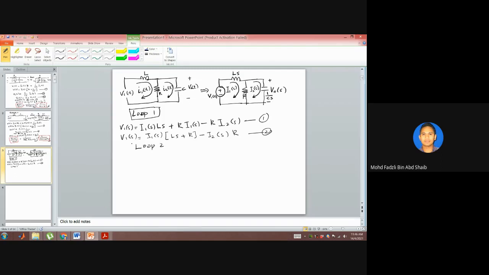Loop 2. Okay, first this one they just circulate around here, right?